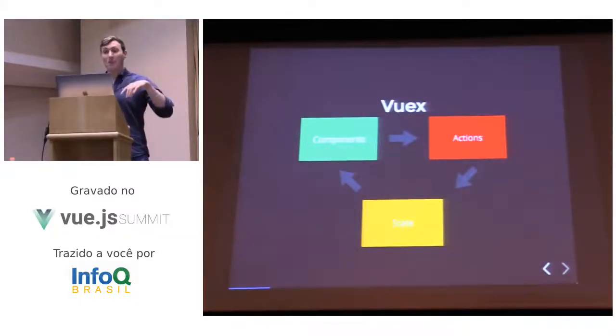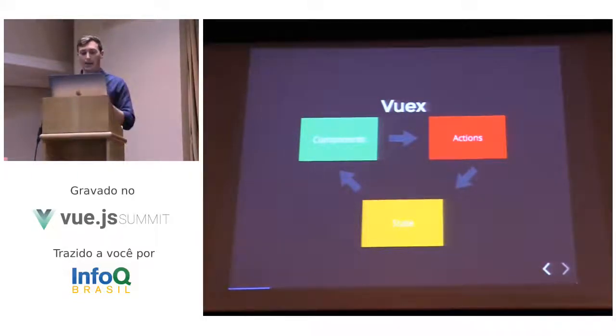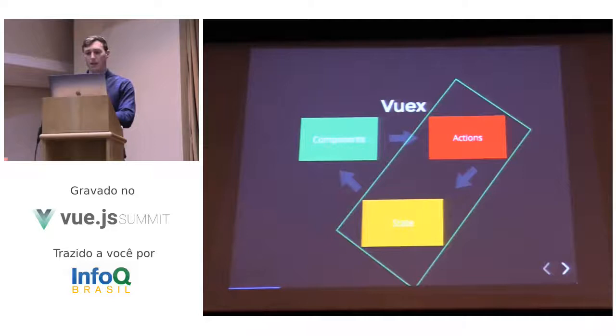So that's what a unit test is. I said we're going to unit test a Vuex store. And Jacob gave a really good talk earlier about Vuex, so I'm sure you guys are all clued up about what it is. He actually told you not to look at this diagram, but I have it on a slide anyway. So this is the Vuex flow, but we're just going to be focusing on the store, which is this part.